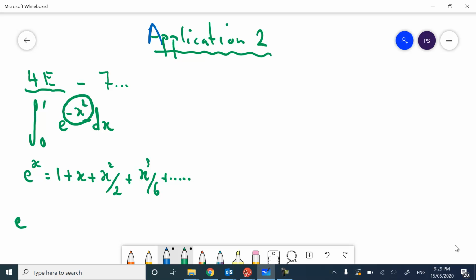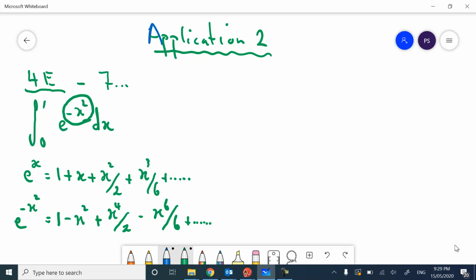So I'm going to have e to the minus x squared equals 1 minus x squared plus x to the power of 4 on 2 minus x to the power of 6 on 6 plus dot dot dot.